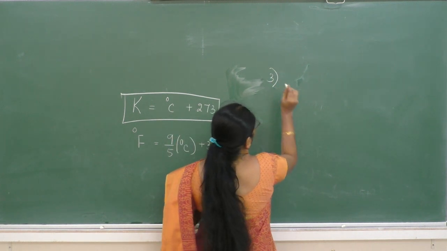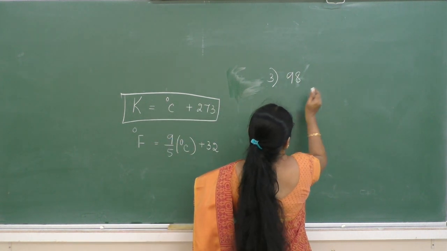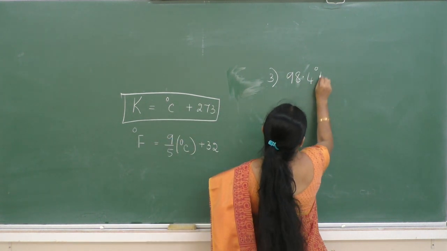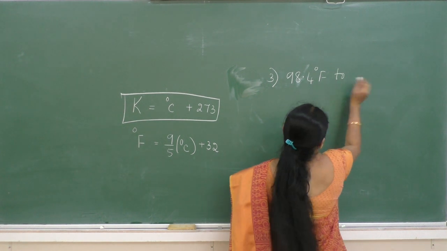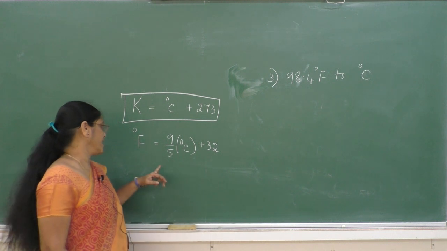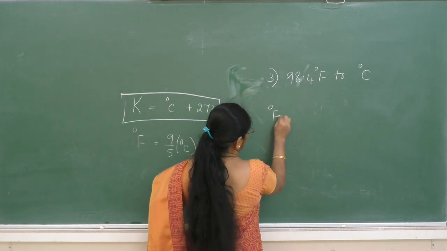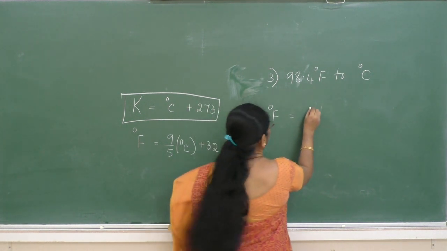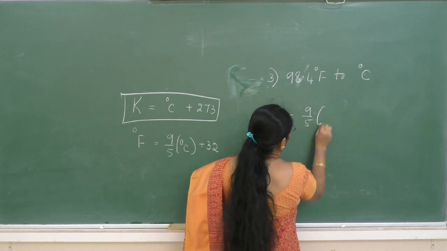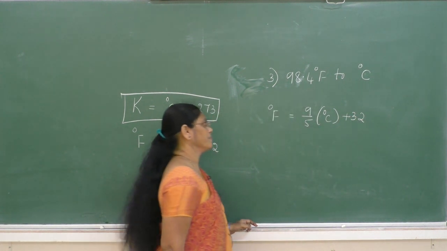The third type of problem is convert 98.4 degree Fahrenheit to degree Celsius. Again, I will use this relation: degree Fahrenheit is equal to 9 by 5 of degree Celsius plus 32.